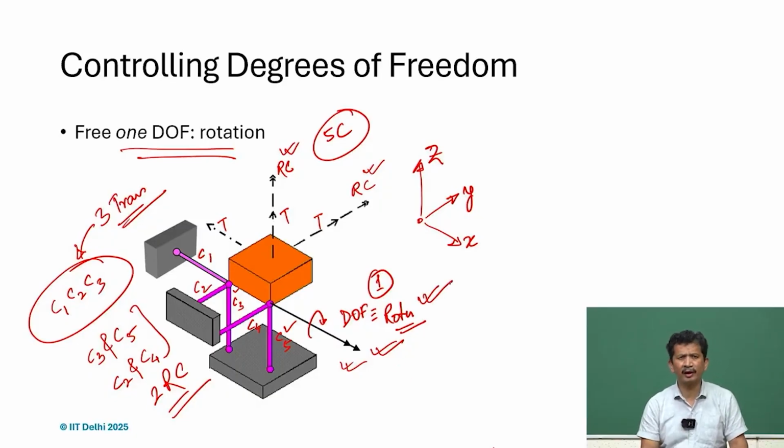Likewise, for any configuration you want, depending on the requirement, just by placing these articulated links, which later we call wire flexures, we can replace them with wire flexures, or we can also think of constraint lines. If it's just a contact, then we can establish the constraint lines along those directions, and if we proceed similarly, we can get any configuration with the desired degrees of freedom and constraints.